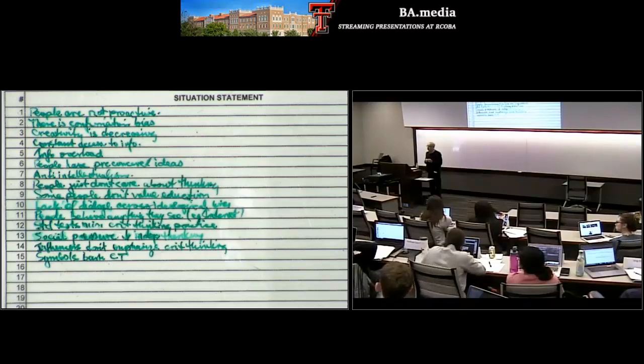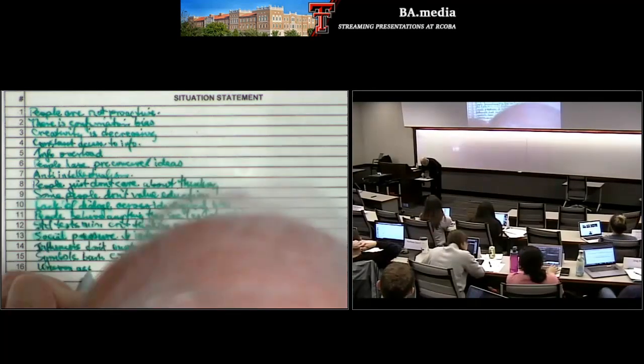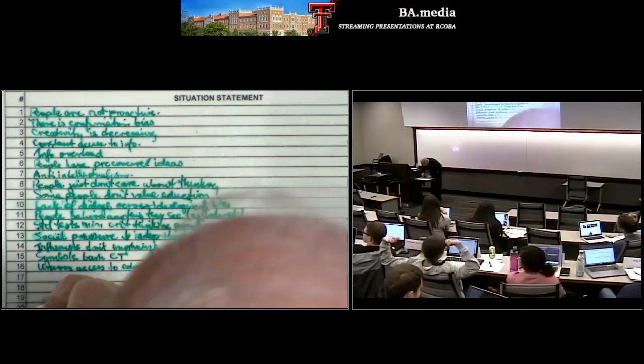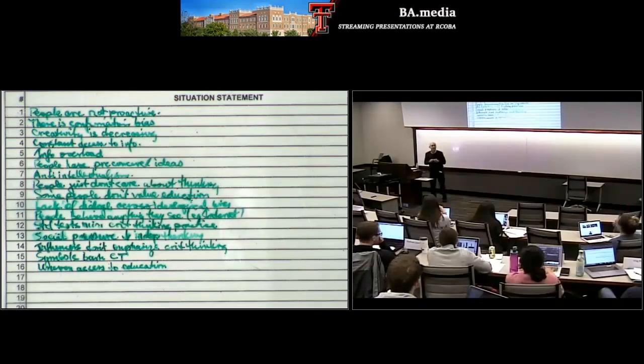Some people have more access to better education than others. Okay, it's like unequal access. Liberal arts programs being cut from underfunded school districts.